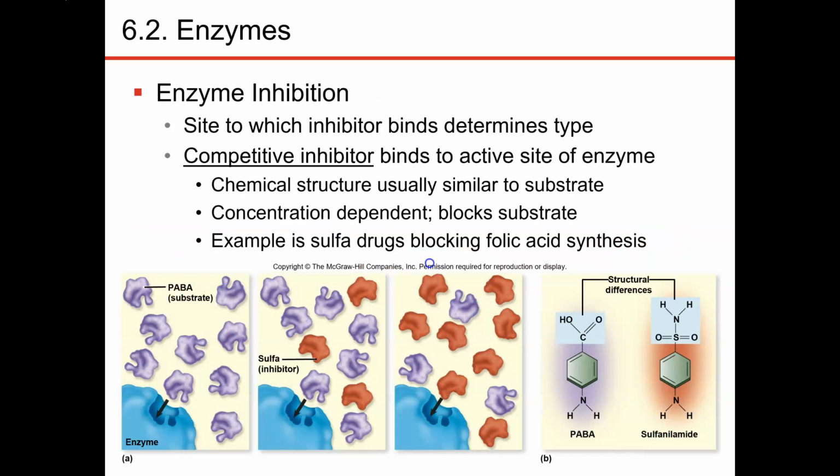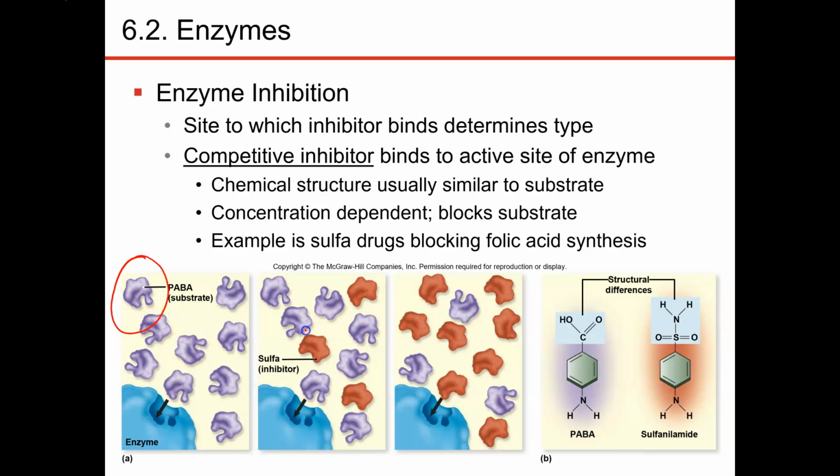Enzyme inhibition occurs through either allosteric inhibition, that's non-competitive inhibition, or competitive inhibition. So competitive inhibitors bind to the active site, and they keep substrates from being able to bind to those sites. So here's an example. Bacteria have to be able to utilize PABA in different metabolic pathways.